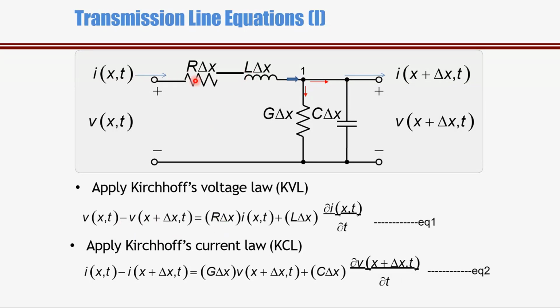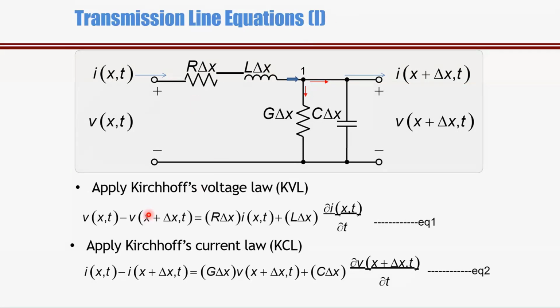now what is the voltage drop across this? R delta x multiplied by I, that is the voltage dropped across the resistance. And what is the voltage dropped across the inductance? That is L di by dt. So the voltage drop is R into delta x into I x comma t plus L delta x into dou I x comma t by dou t, because the voltage across an inductance is given by L di by dt, that we know.